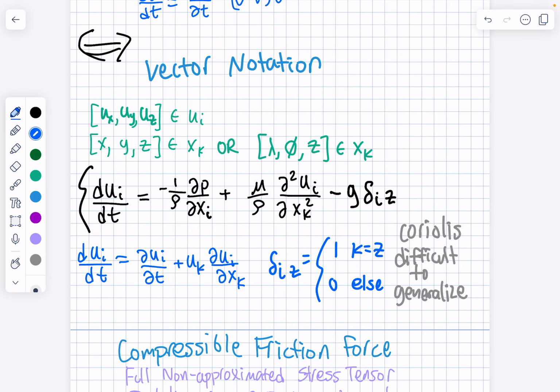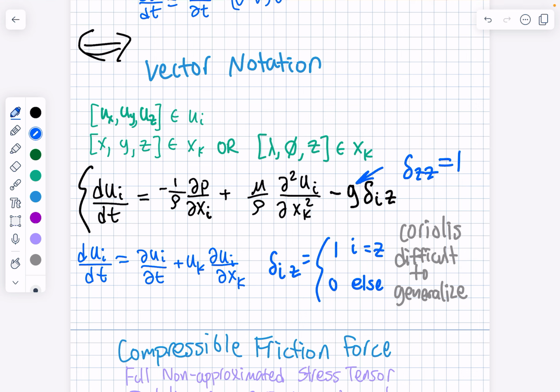So basically, I forgot to correct this, if the i you enter is x, for example, then you have delta xz, but x does not equal z, you see here. x does not equal z, so this will end up being 0. So gravity only occurs when we have delta zz, then it equals 1.